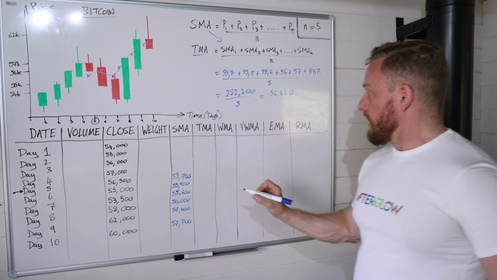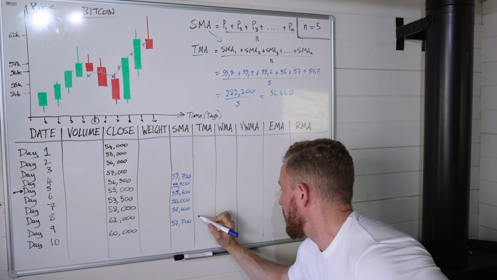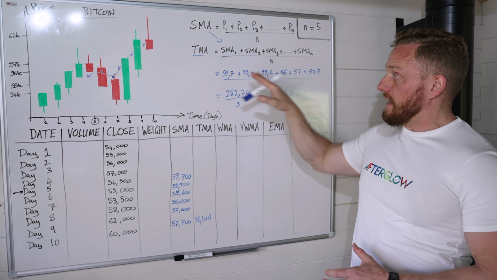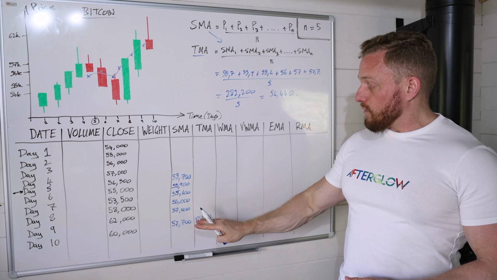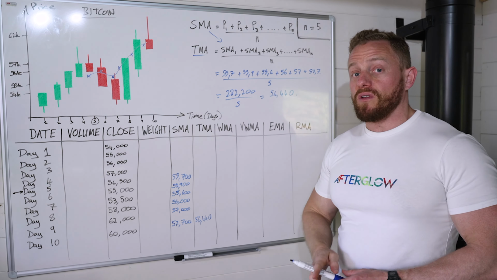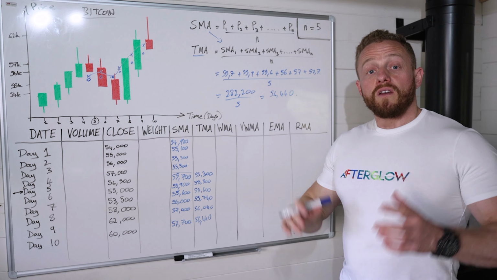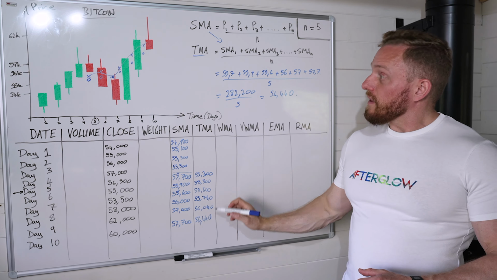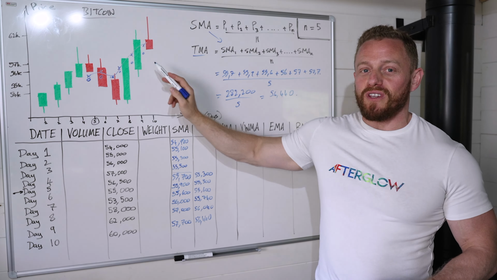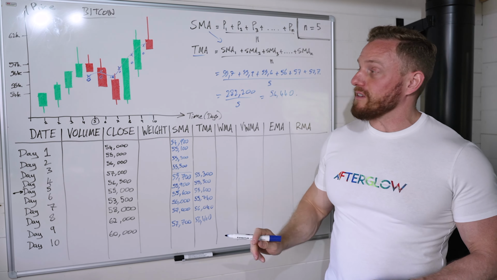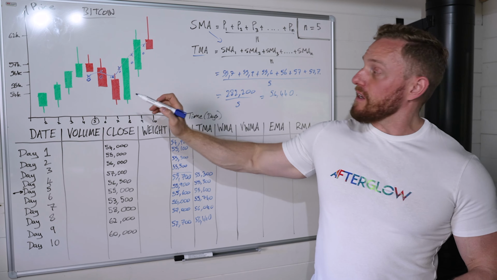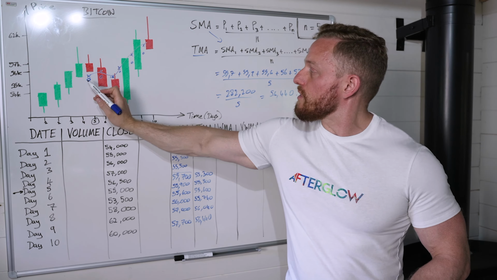So we can now write that in, and in a similar way as before, we now apply the same TMA formula and just work our way back for each day so we can draw on the TMA line. So I filled in all the values and now I've plotted them on the chart with the circles instead of the crosses for the SMA line, and now we can connect together the TMA moving average line through those circles.